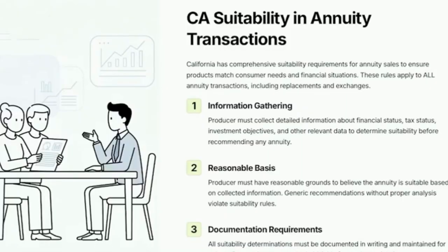So California has comprehensive suitability requirements for annuity sales to ensure that products match consumers' needs and financial situations. These rules apply to all annuity transactions, whether they are replacements, exchanges, or new policies. Okay? You need to make sure that the product you are selling is suitable for the customer, right?